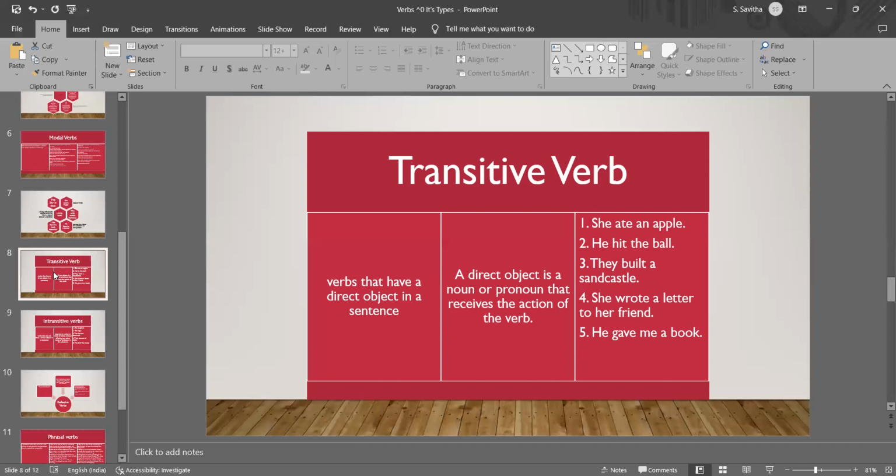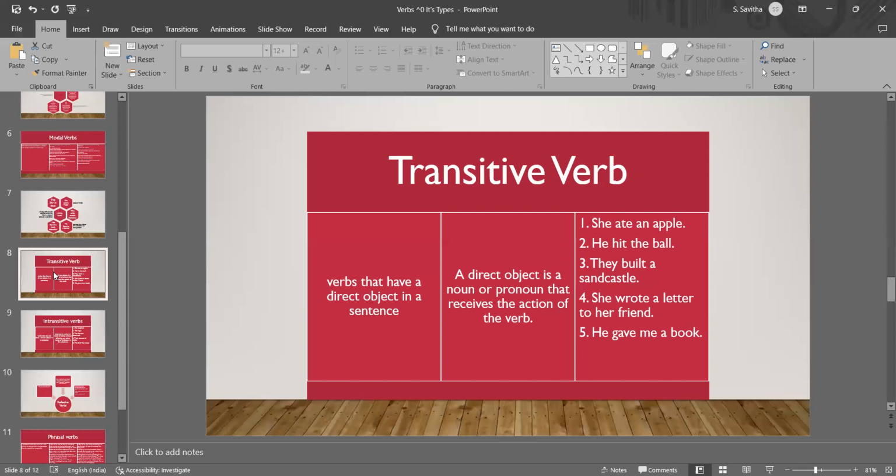So this is how you have to understand each and every application of the verbs. He hit the ball. Here, hit is a transitive verb, right? Ball is the direct object. So the verb hit is showing the action of the subject he on the direct object ball.